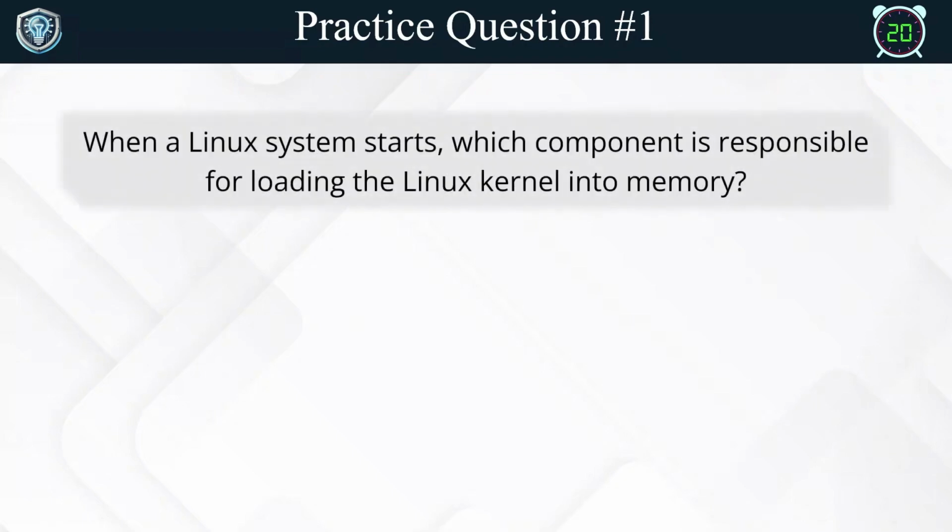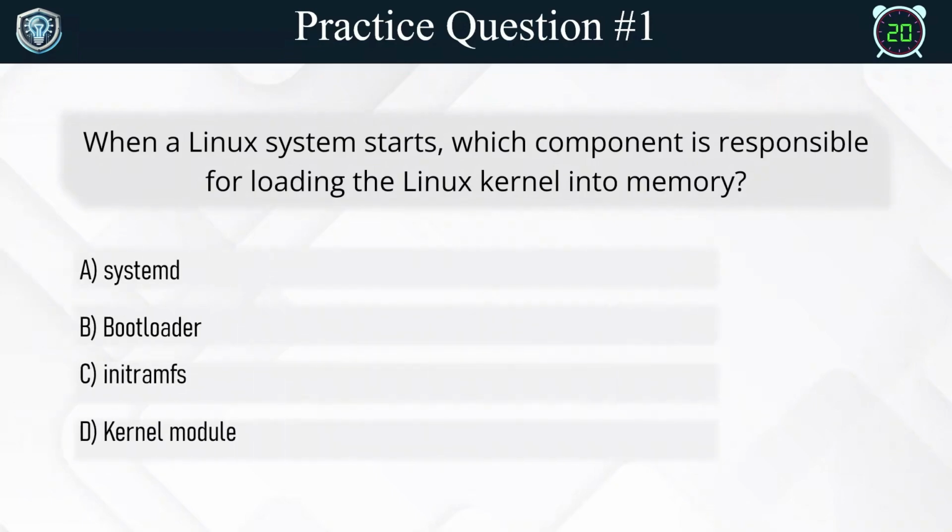Let's get started. The first question is, when a Linux system starts, which component is responsible for loading the Linux kernel into memory? Here are the options. Option A, systemd. Option B, bootloader. Option C, initial RAM file system. Option D, kernel module.